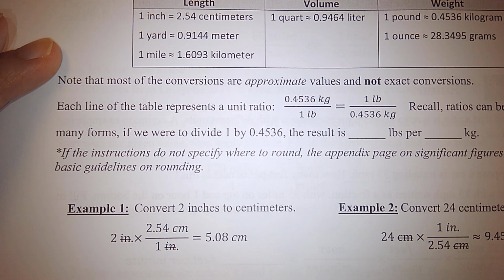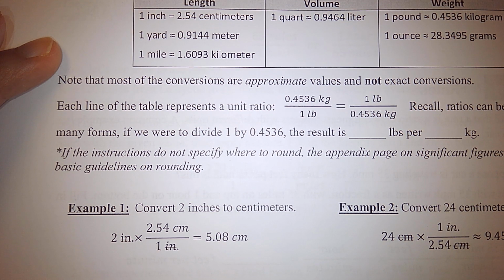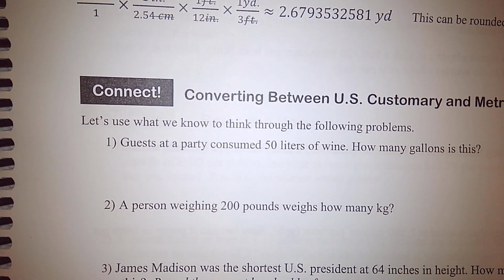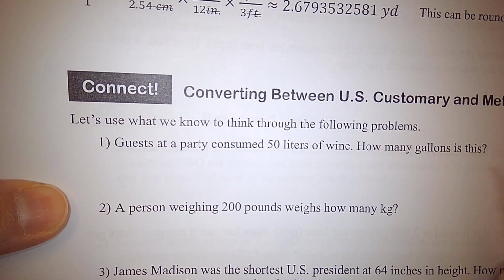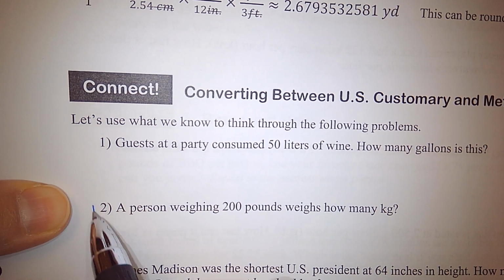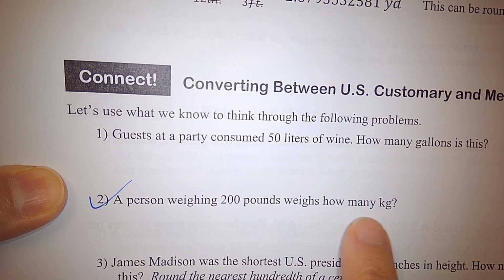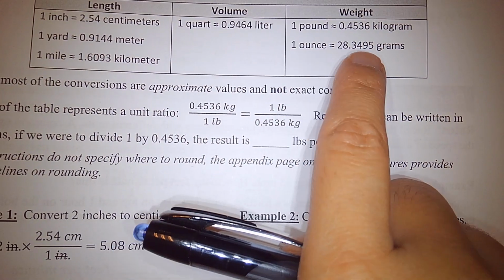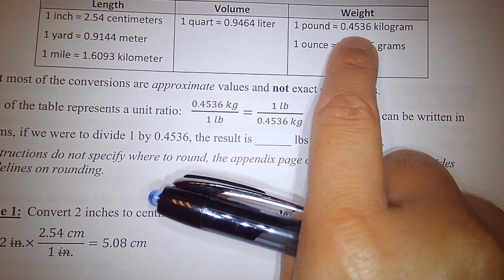Well, if you want to practice, you can try some, but these are optional. You can try question 2. This is convert from pounds to kilograms. See here, pounds to kilogram, how to convert.